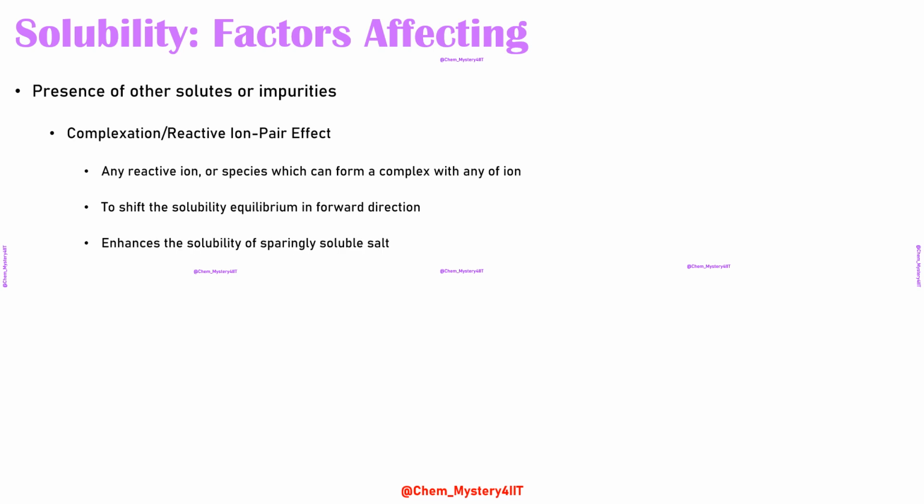What will this do to the solubility? If it was silver chloride, the solubility of silver chloride will increase if any ligand which can form the complex is also present in the solution. We are taking an example. When there is AgCl solid, it will dissociate into silver ions, aqueous, and chloride ions, also aqueous.